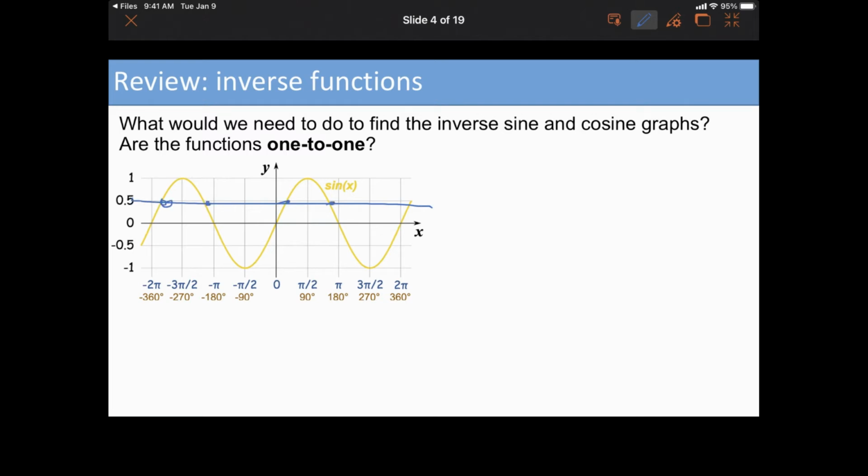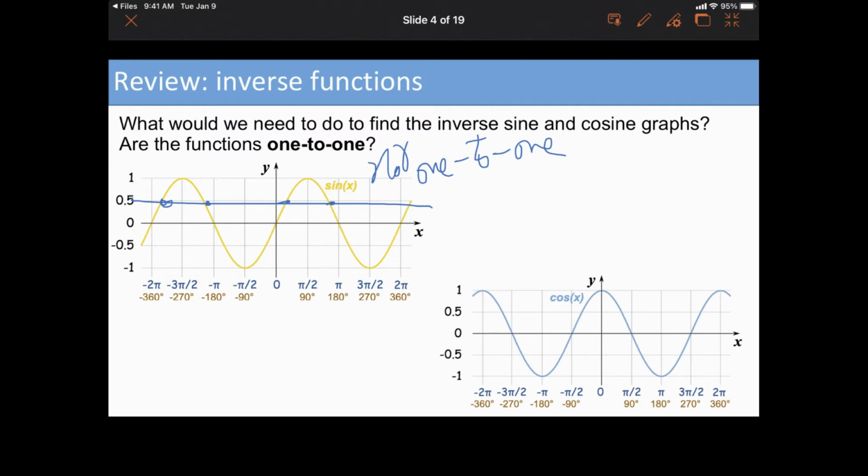So this is not 1 to 1. Well, what about cosine? Well, another horizontal line. Nope, fail. All right. But clearly we do talk about inverse trig functions, but they're not 1 to 1.